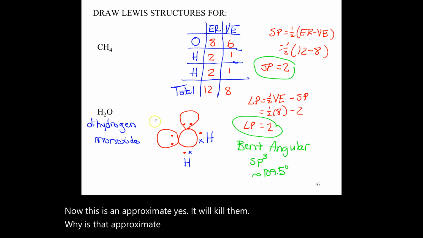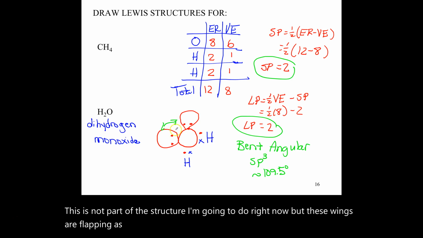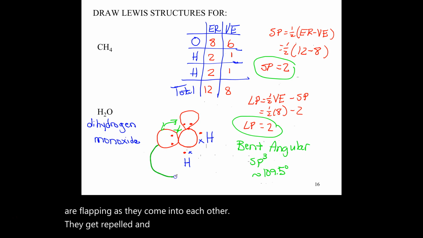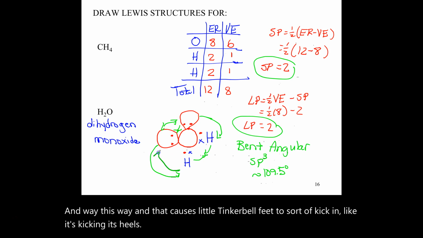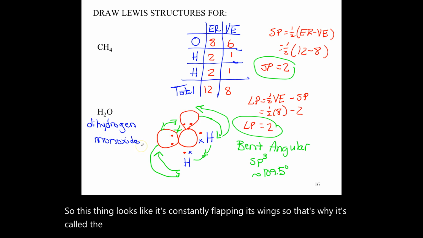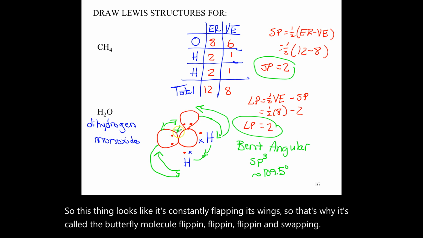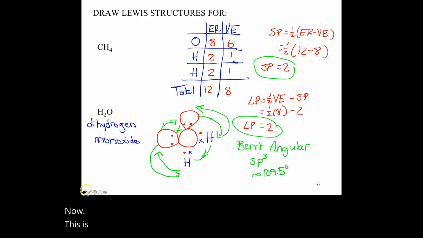Because this is not part of the structure, but these wings are flapping. As they come into each other, they get repelled and they fly away and they swoop way down here and way this way, and that causes the little Tinkerbell feet to sort of kick in like it's kicking its heels. So this thing looks like it's constantly flapping its wings. So that's why it's called the butterfly molecule. Flipping and flopping and flipping and flopping. Okay. Now, this is dihydrogen monoxide.